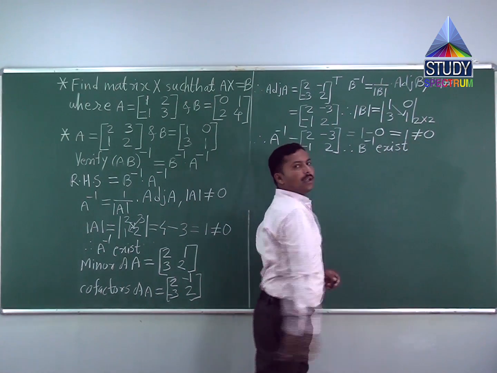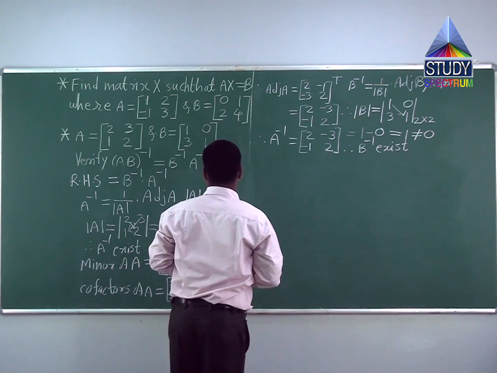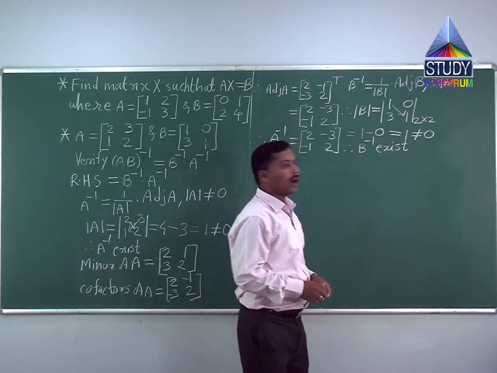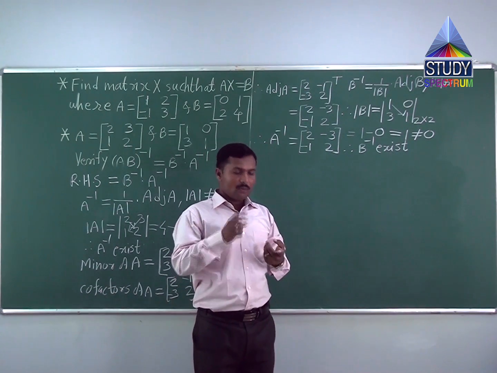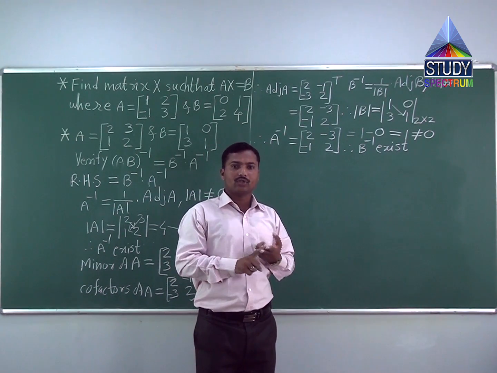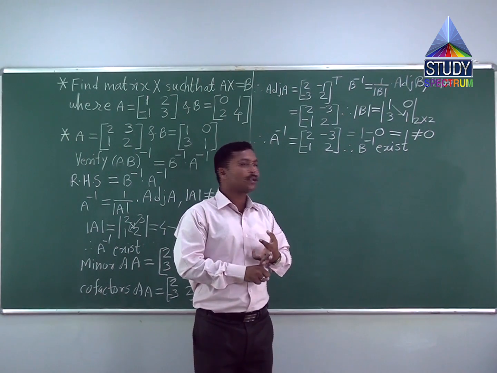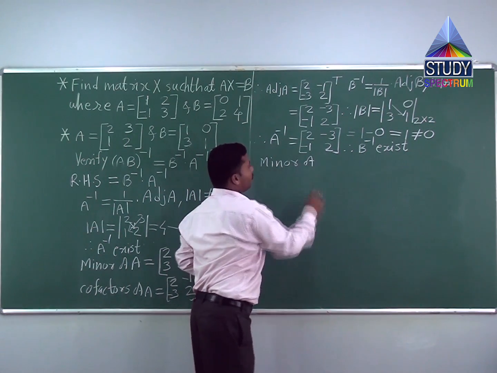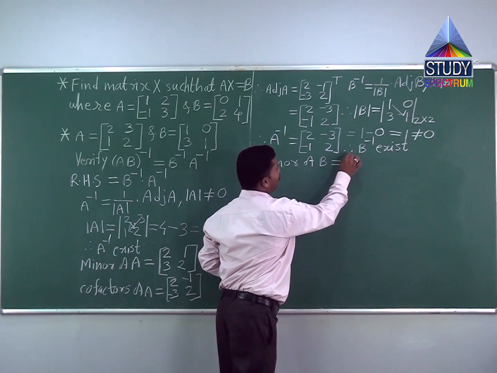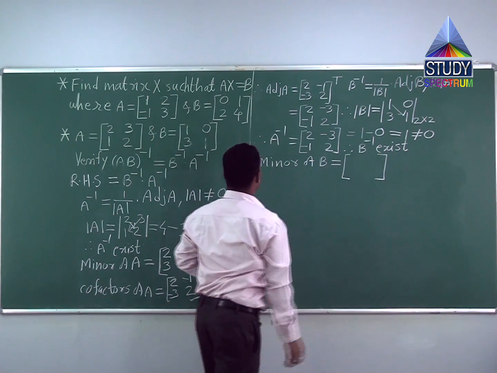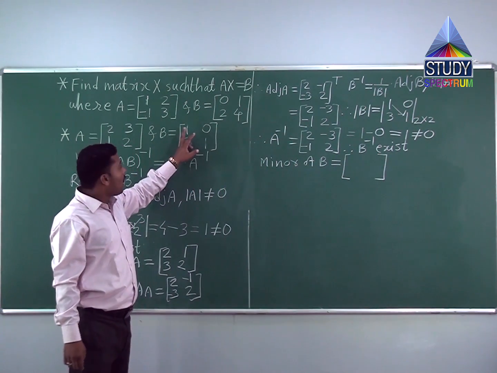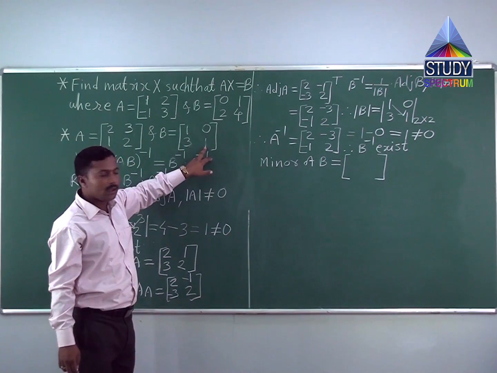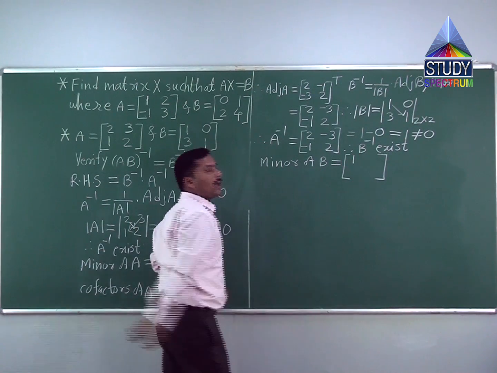Similarly, we find the adjoint of B by using the adjoint method. Again we discuss the 3 steps: minor of the matrix, cofactors of the matrix, and transpose of those cofactors. Minor of matrix B: minor of 1, delete its row and column, what remains is only 1, so 1 is taken as it is.